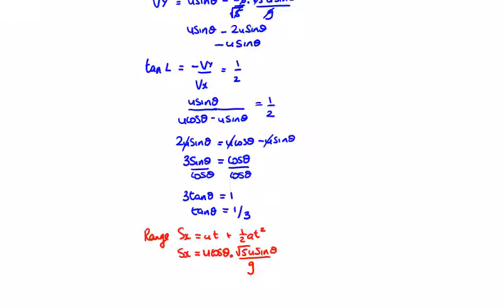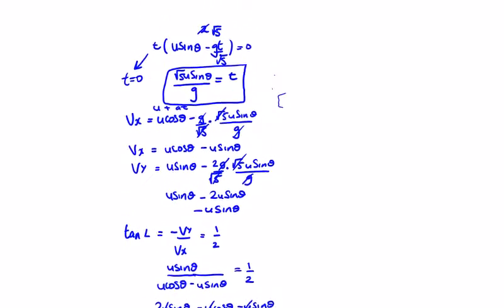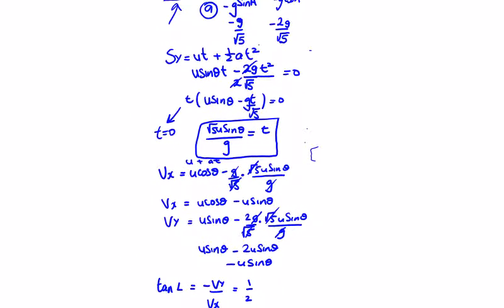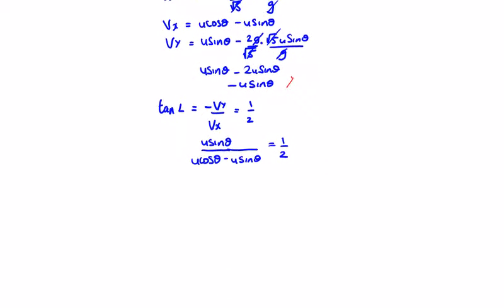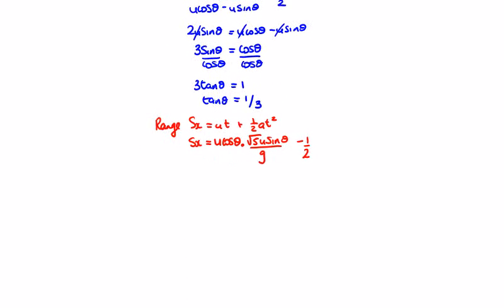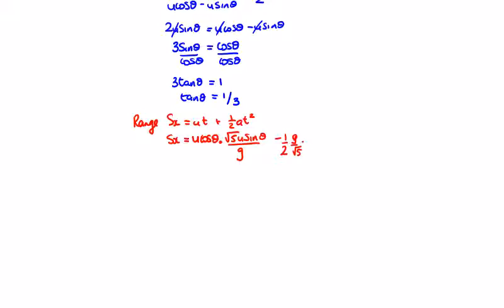And then minus, for the acceleration in the x direction, 1 over 2 times, just remind me what it was, minus g over root 5. So g over root 5 times t squared, which is going to be 5 u squared sine squared theta over g squared. So simplifying this, the g will cancel, and I think that's it.